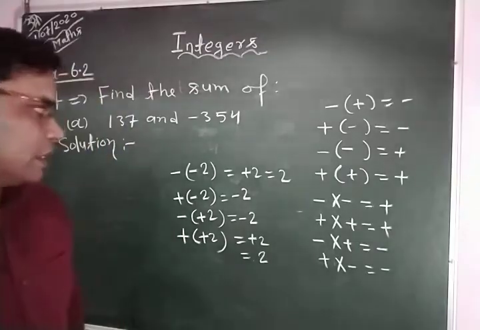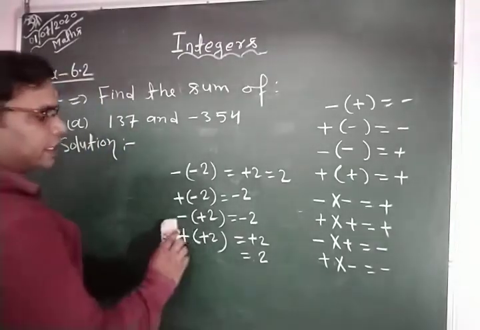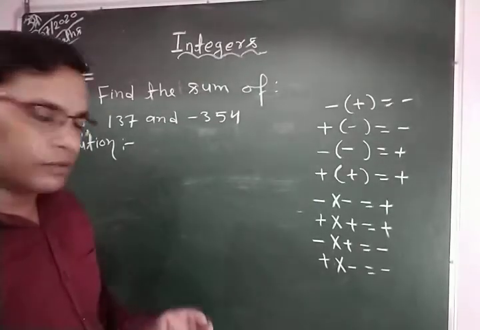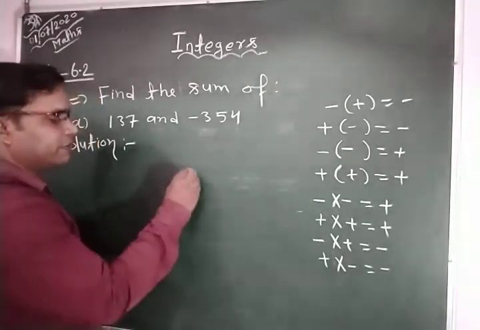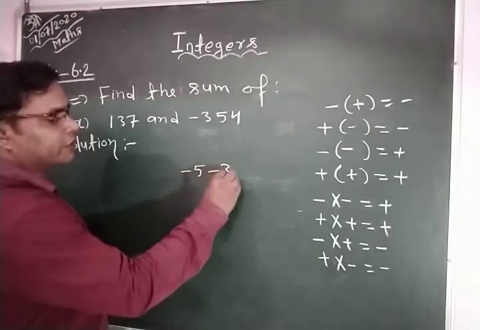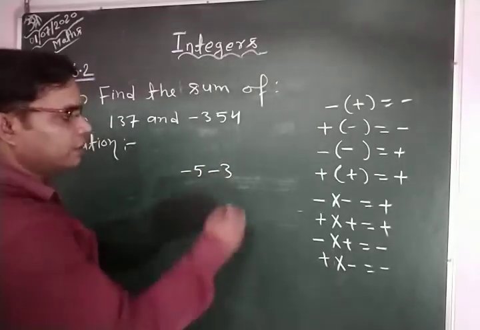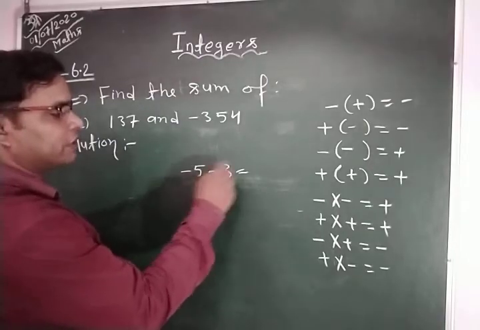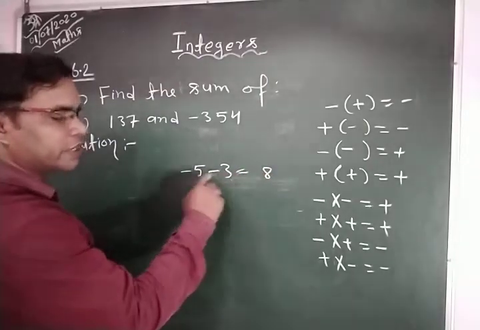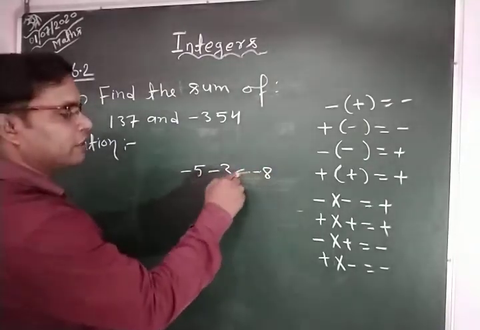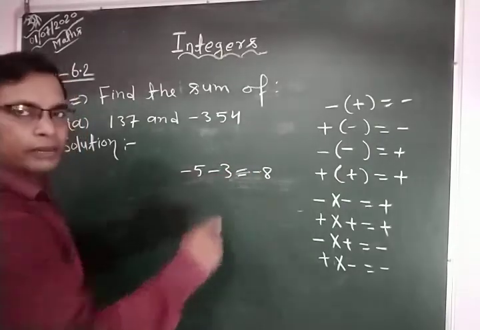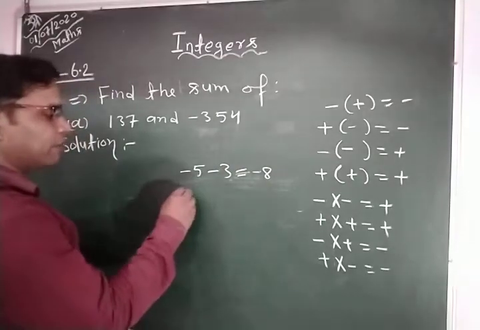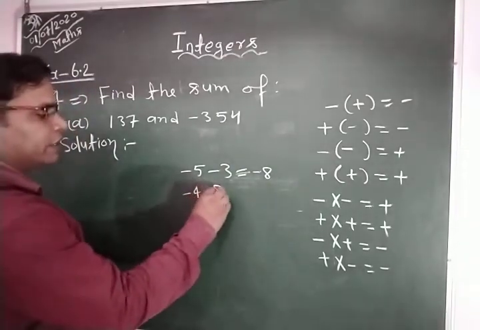Now some other numbers. If both numbers are negative, like minus 5 minus 3, we add both numbers: 5 plus 3 is 8. What sign do we use? Minus, because both numbers are minus. Another example: minus 4 minus 8.